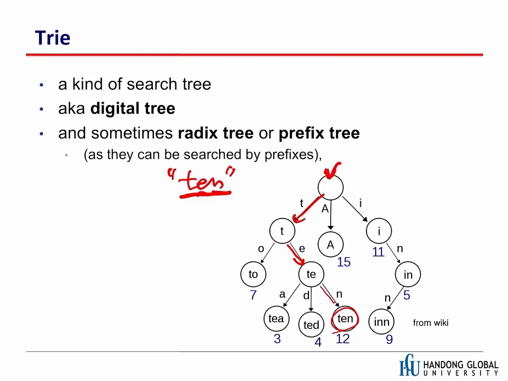Depending on the result, if our key is smaller than the root's key, then we go to the left subtree, and if our key is larger than the root node's key, then we go to the right subtree. So depending on this comparison, we move. But in this trie tree, we don't compare. We just follow these characters. Okay, that's trie.